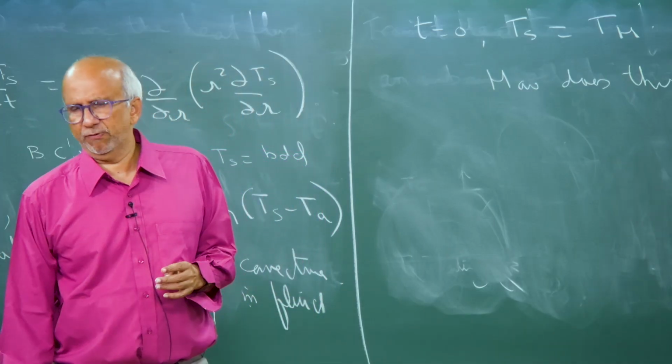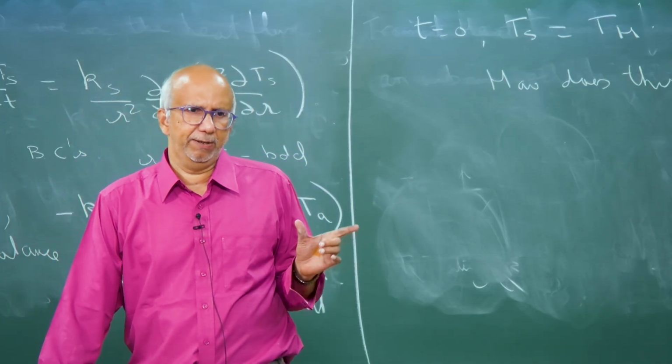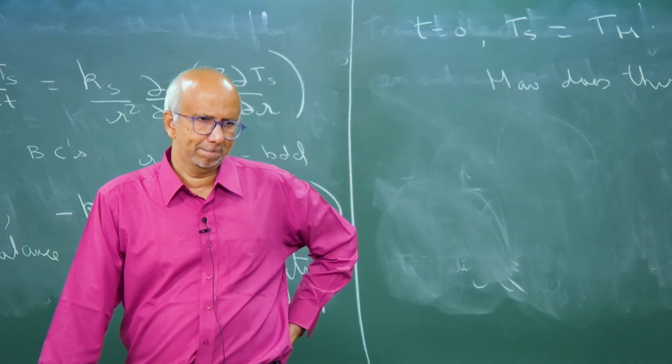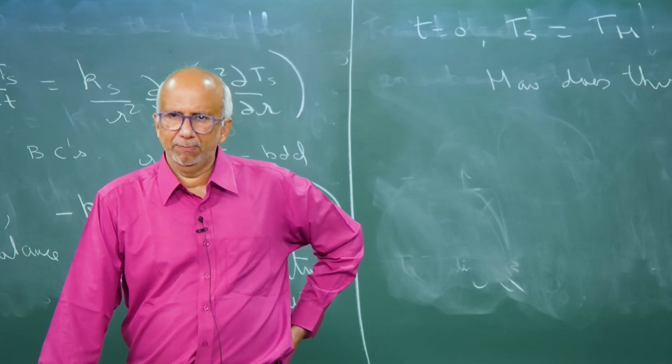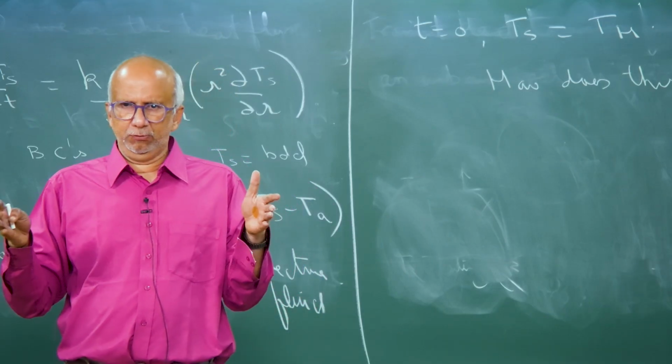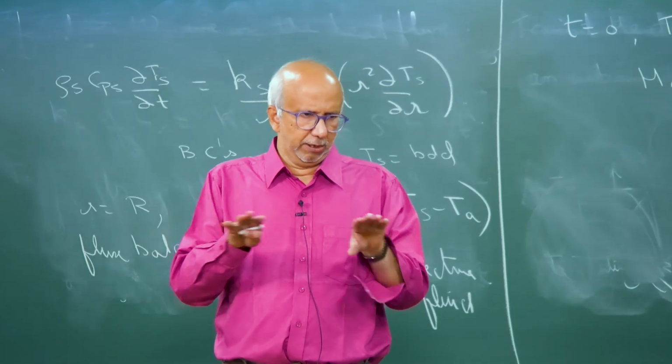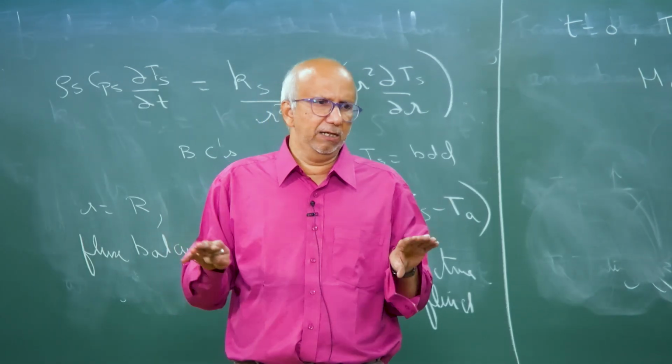What do I expect? When the solid conductivity is very high, I am expecting that the temperature is going to be uniform everywhere inside. Because if you have a very good conductor, it will quickly conduct the heat and you can neglect radial variations.